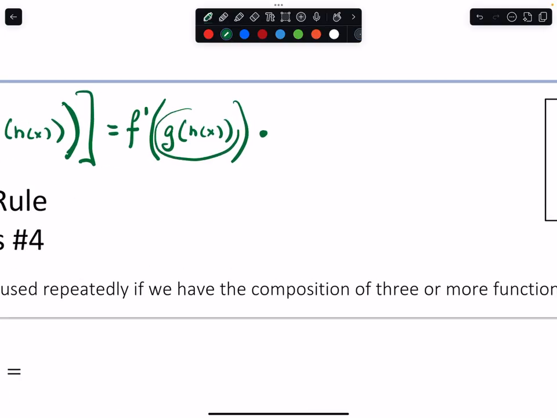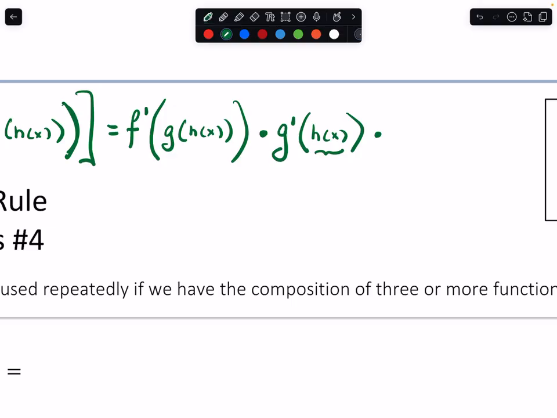I'll tell you why it's called the chain rule in a second. Now I'm looking at this. What do you got to do? You keep doing the same thing. You differentiate the outer function, which is g now, and you leave the inner function alone. So that would be g prime of h of x. Now I work my way in. There is only one function left on the inside, the ultimate inner function here.